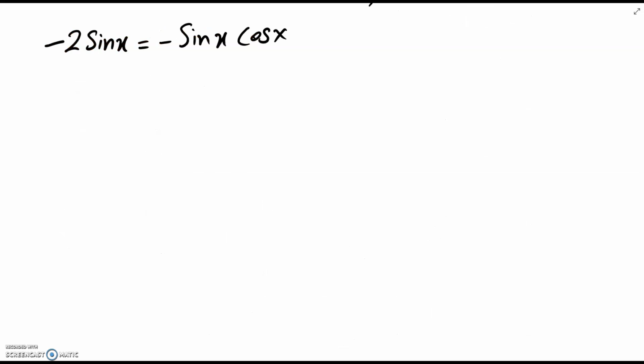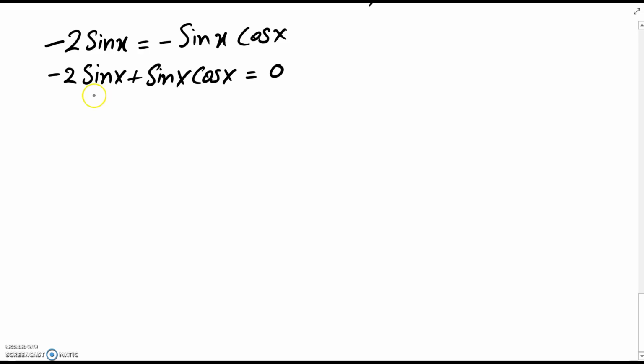Okay, so now we have this question: negative 2 sine x equals negative sine x cos x. To continue to the next step, you will bring the sine x values to one side. It's going to be negative 2 sine x plus sine x cos x equals 0, correct?